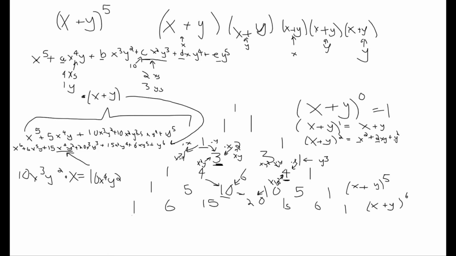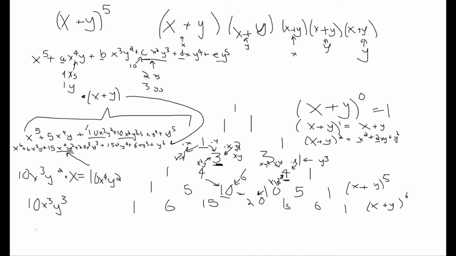What happens when it's multiplied by the y? Well, it's going to produce 10x cubed y cubed. That's what it's going to produce. This one, we did already, so I'll do a check mark.